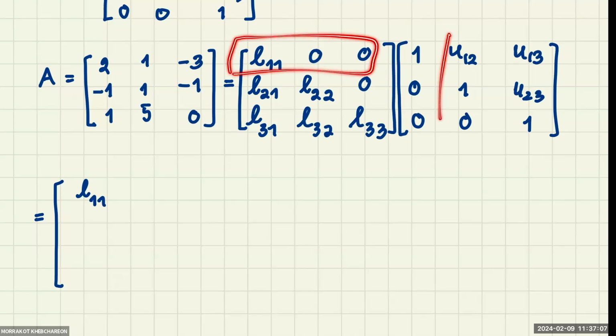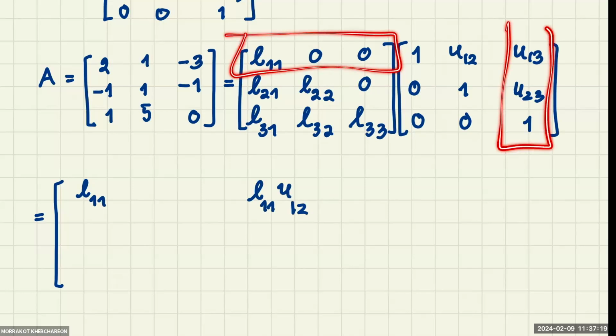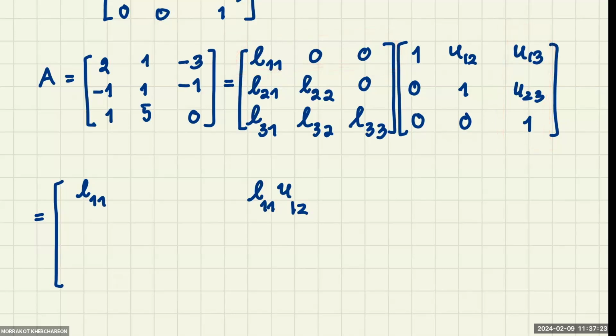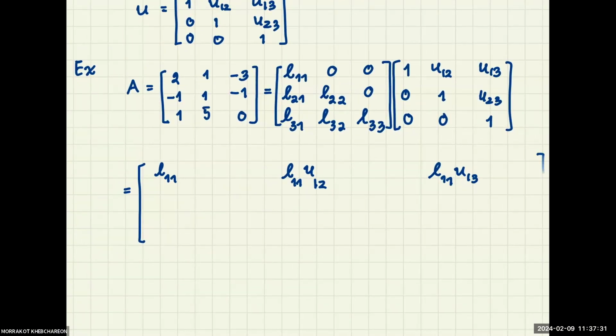First row, second column, you will get L11 U12. First row, third column, you get L11 U13. It's easy to make a mistake, so you have to be careful.